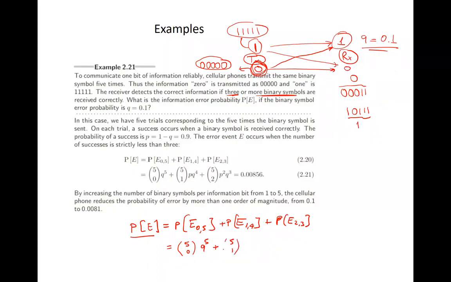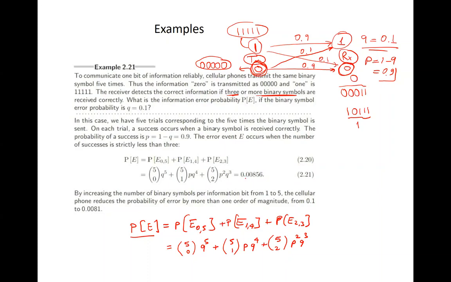Plus 5 choose 1, P Q to the power 4. By the way, P is going to be 1 minus Q, which is 0.9. So the probability of receiving 0 when we transmit 0 is 0.9. Here is 0.1, here is 0.1, and here is 0.9. Plus, next, 5 choose 2, P to the power 2, and Q to the power 3. So we can determine this.